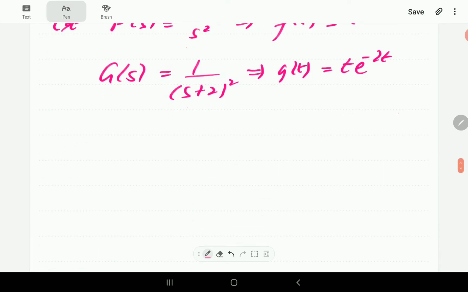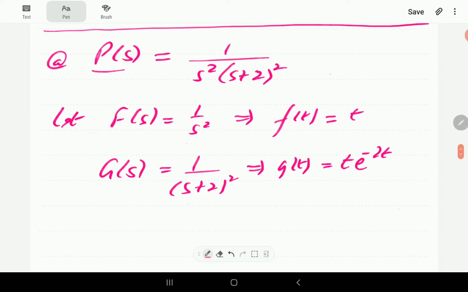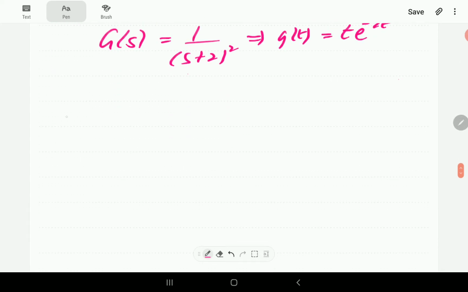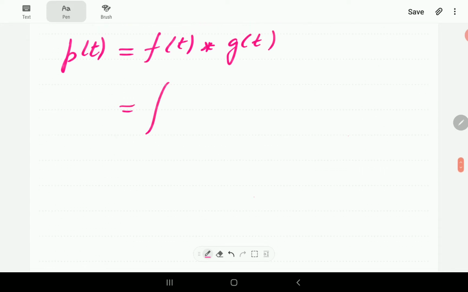And so the inverse Laplace transform of this is going to be p(t). So this is going to be the convolution of f with g. It's going to be equal to the integral from 0 to t.